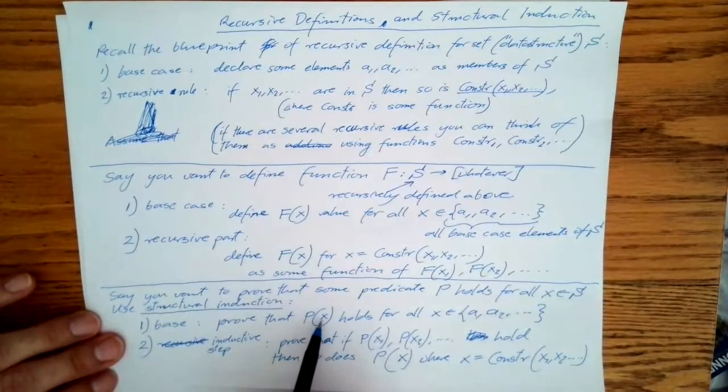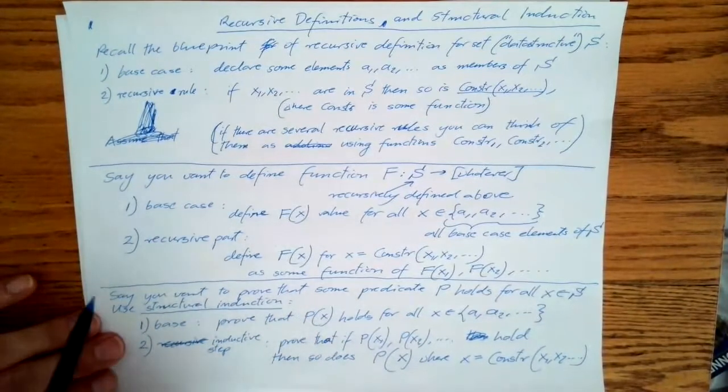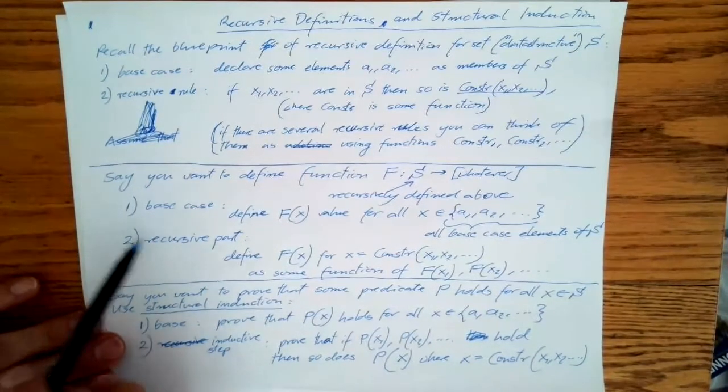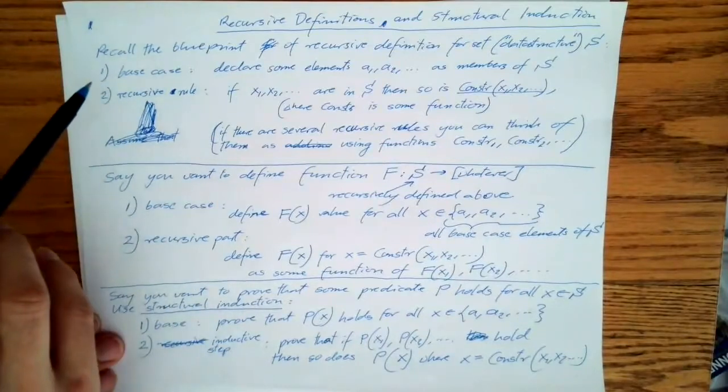And the predicate says not that something holds for x, but that it holds for all values of set S that were injected into it by no more than n applications of the recursive rule.